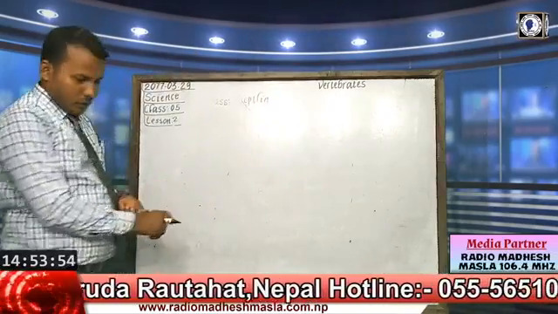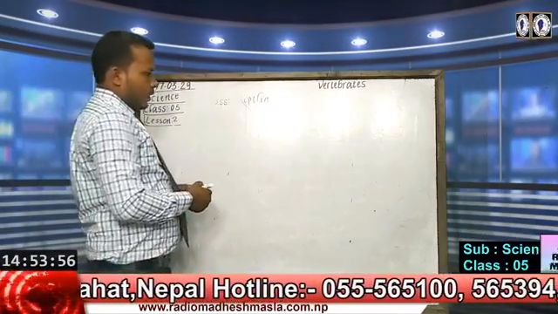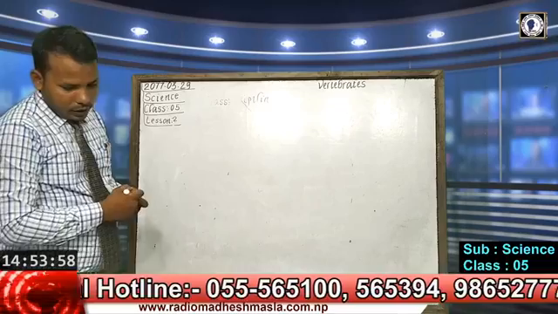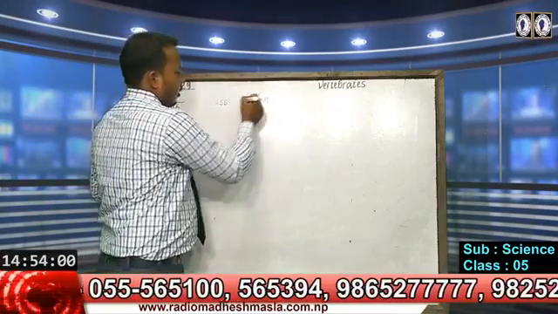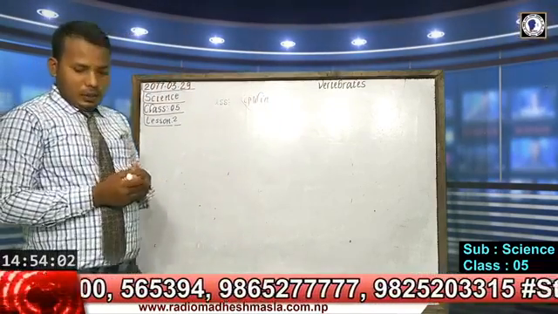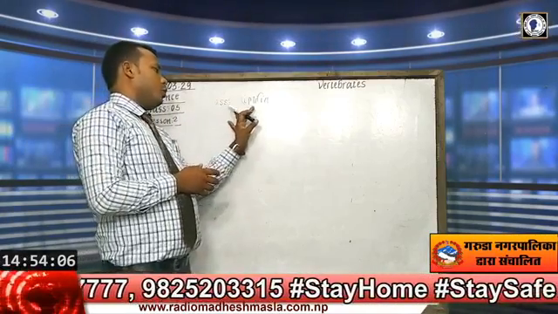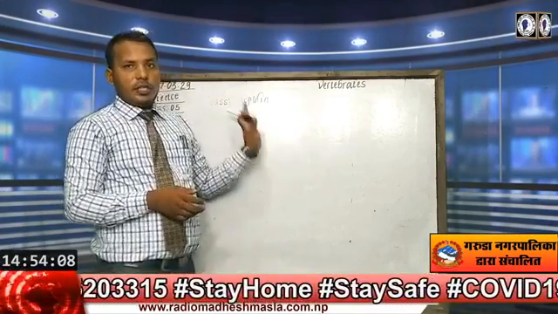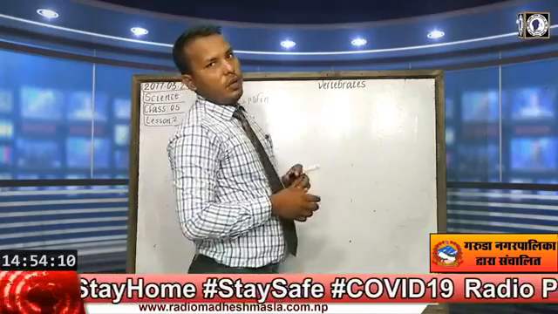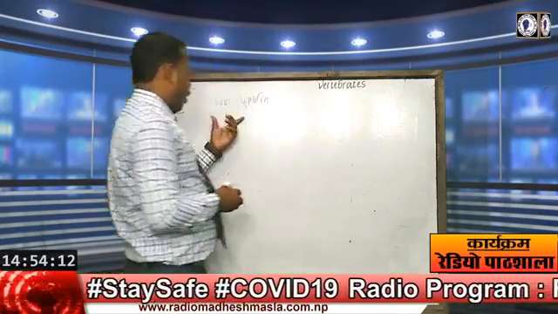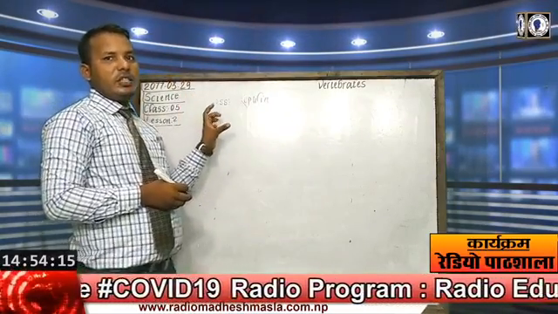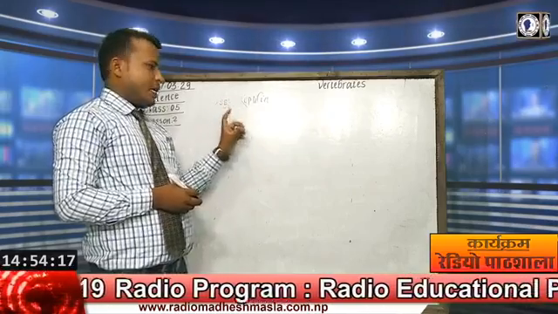Reptilia, do you know reptilia? The animals that crawl on the ground. It's also called crawling animals because they crawl on the ground. Yeah, they have horny scales on their body.